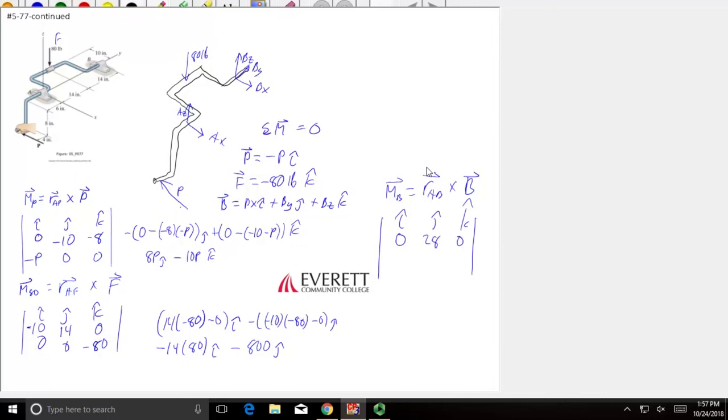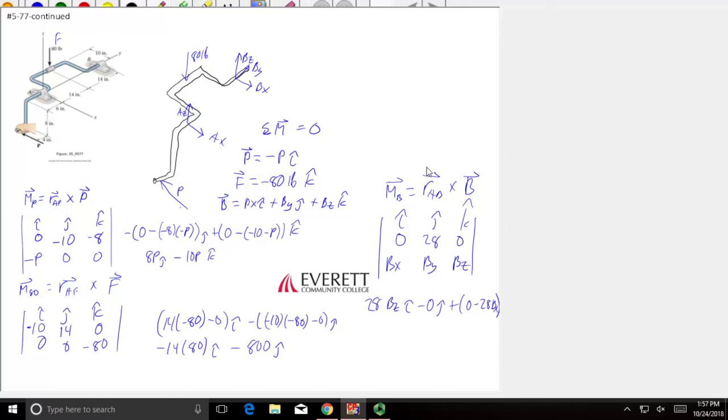And the B vector is just going to be Bx, By, Bz. Okay, so we do the cross product for this one. 28 Bz times i minus 0j plus k is going to be 0 minus 28Bx.